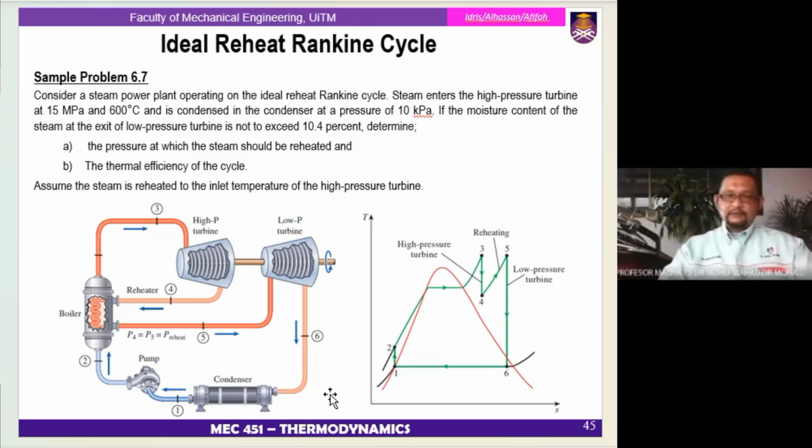It is also followed by the TS diagram. This diagram is for the reheat. Normally the reheat only has 2 turbines. More than 2 is not practical, but if in actual cases there are more than 2 turbines and reheaters, you have to draw more lines in here.